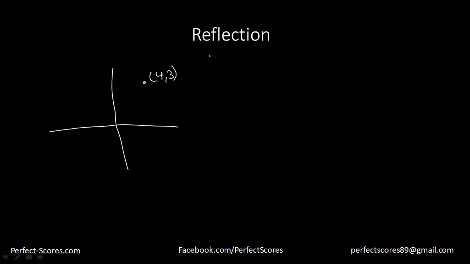Now if I want to reflect this point with respect to the x-axis, making this as the mirror, then the point would become this, and the coordinates of this point would be 4, -3, right?